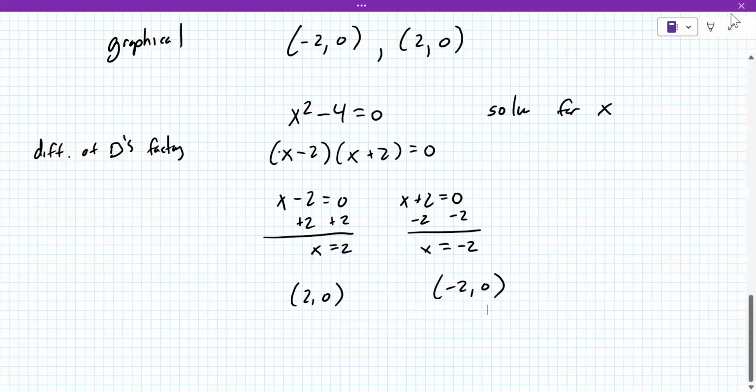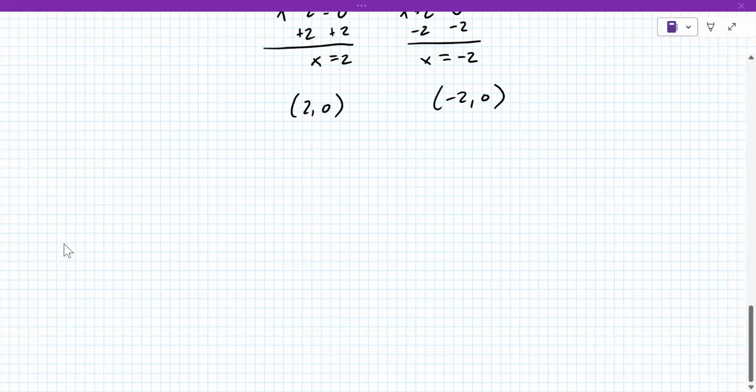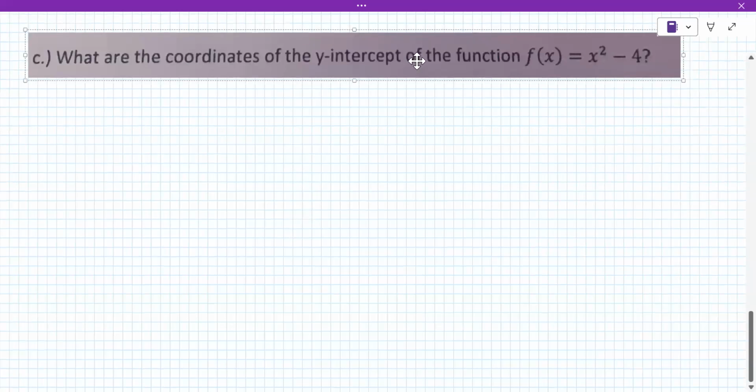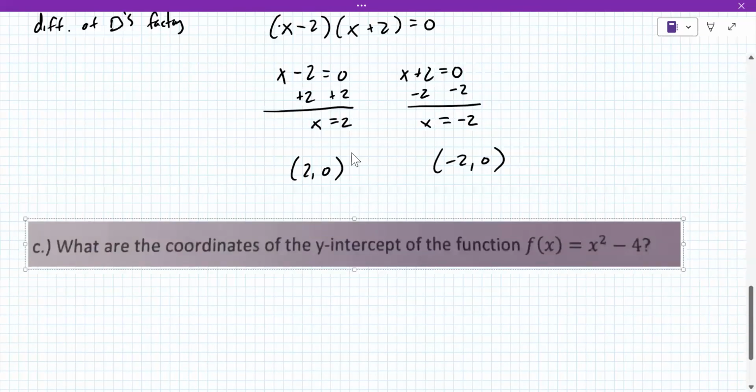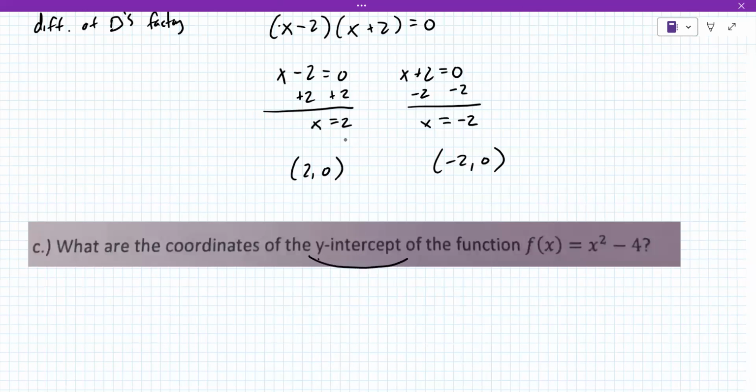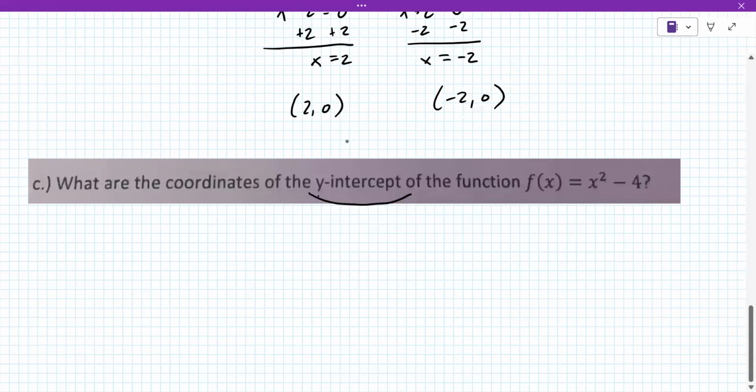All right, let's take a look at C. What are the coordinates of the y-intercept? So this is different than the previous problem. If you go back up and look at the previous problem, it says x-intercept. That's different than the y-intercept. And again, we can do this graphically.